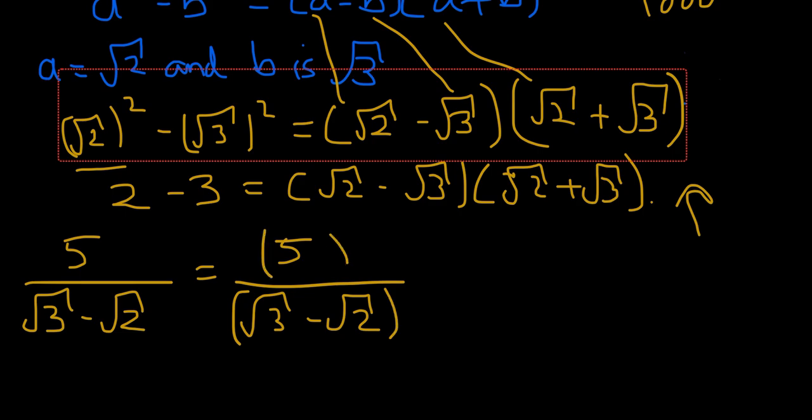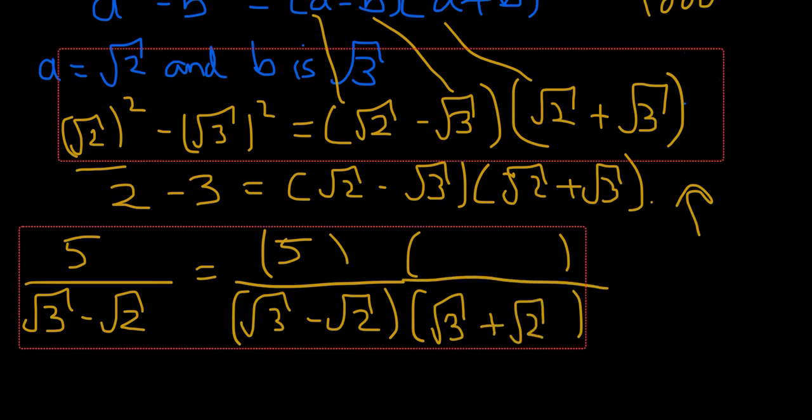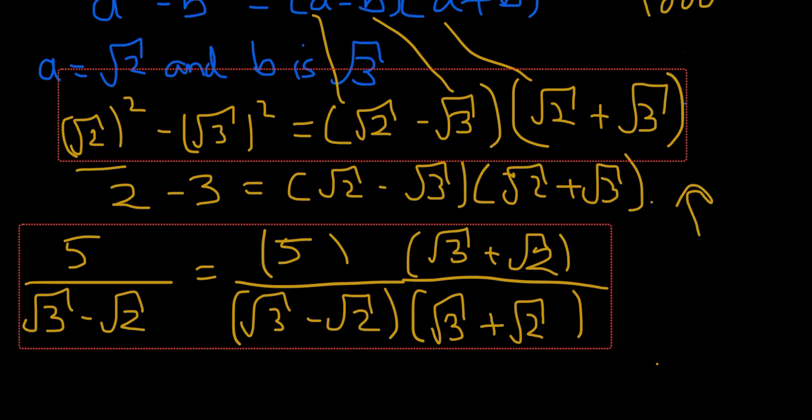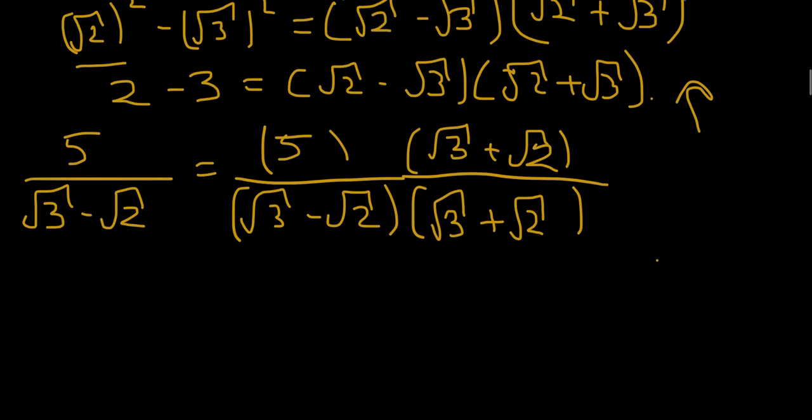So we're going to multiply the top and the bottom by square root of 3 plus root 2. And also we have to do the top the same. Okay. Now, I think we haven't been careful with signs here, right? So let's just do this out properly.